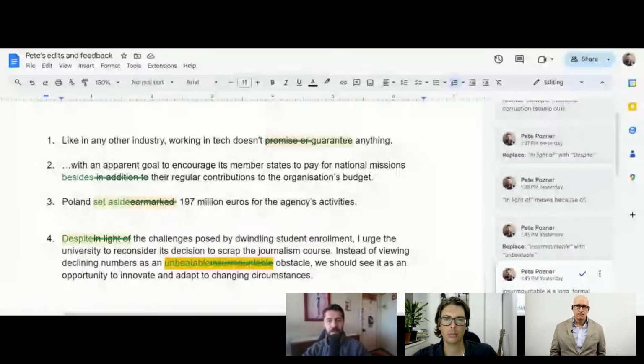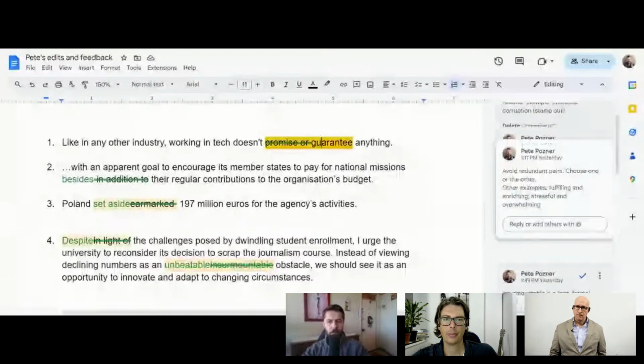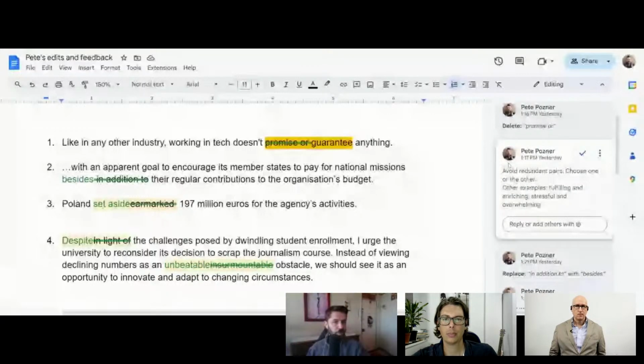Let me give you a couple of other examples. So it's things like redundant pairs. For example, if you write something is fulfilling and enriching, or something is stressful and overwhelming. So it's best just to choose one of those words.